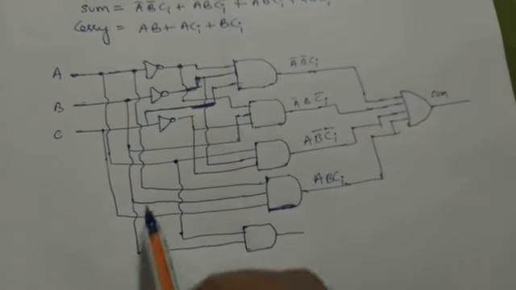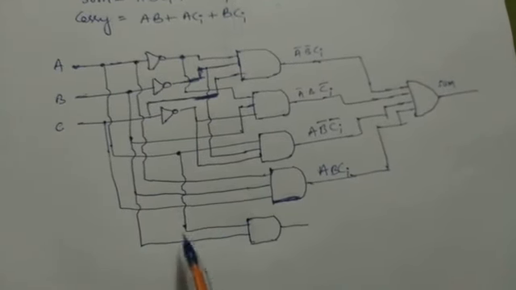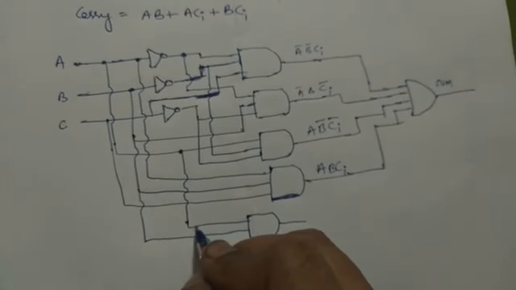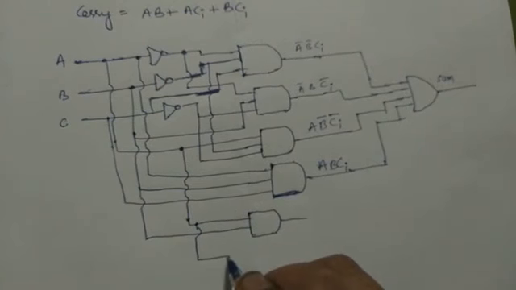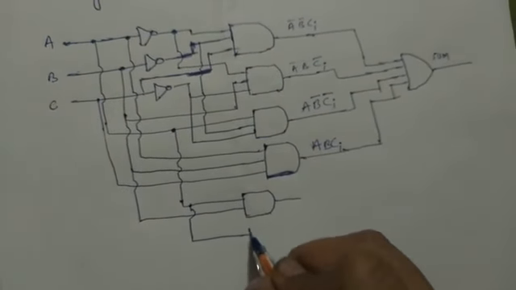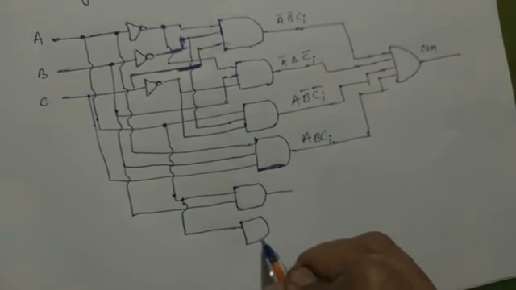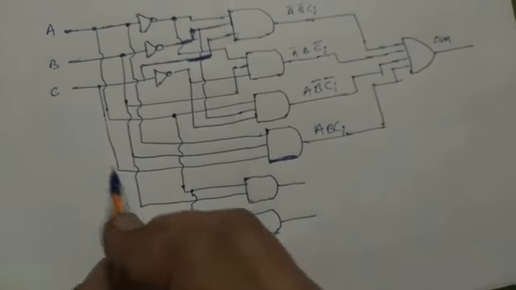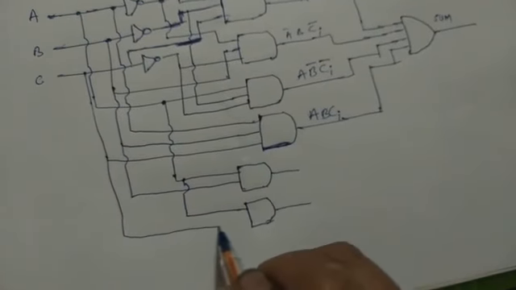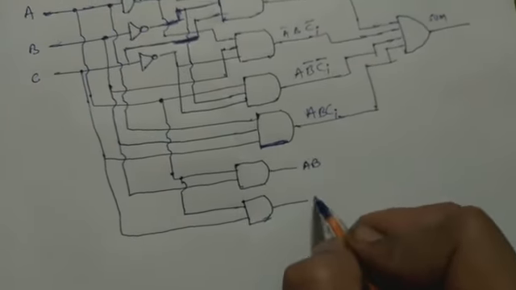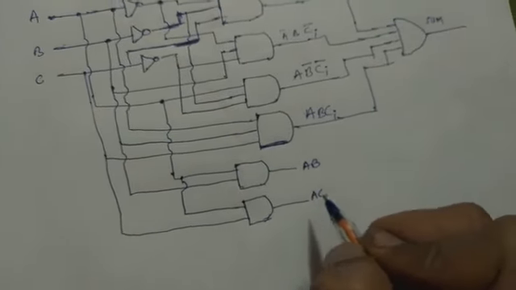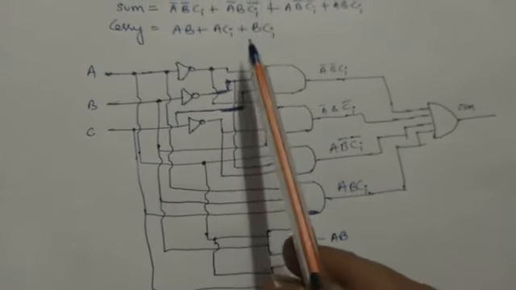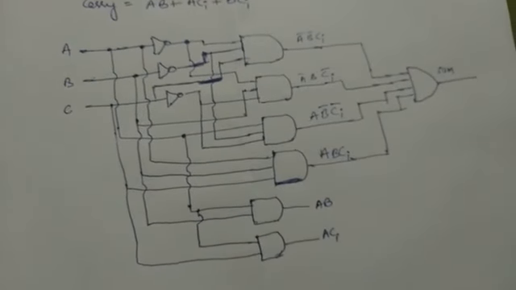Now AC. Again A is running from here, so I'm taking A, and C I can take from here. This is AC. Then we have BCI.